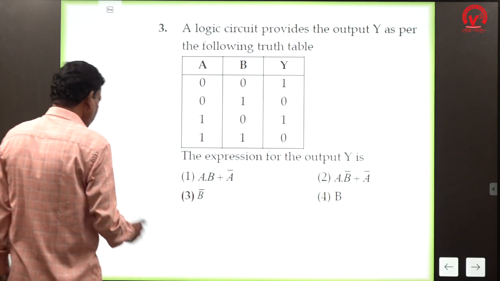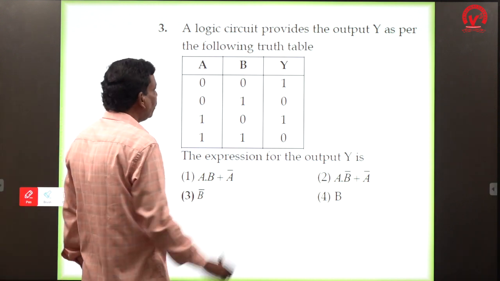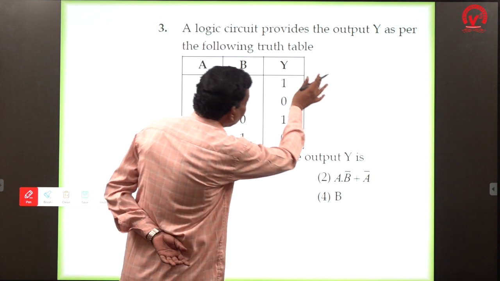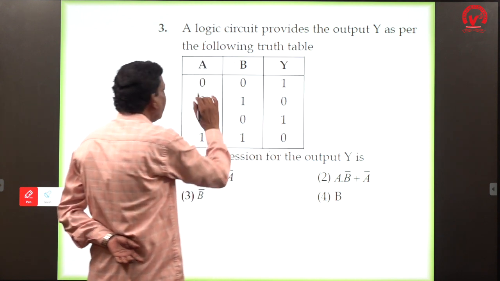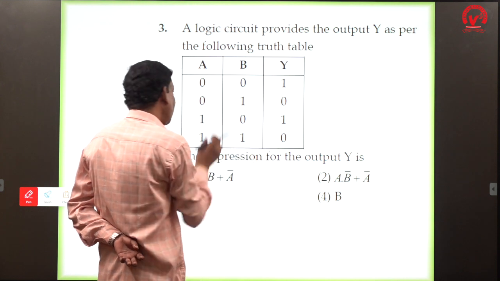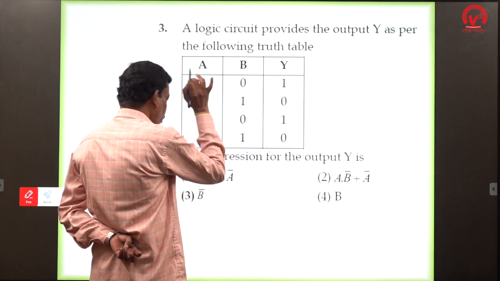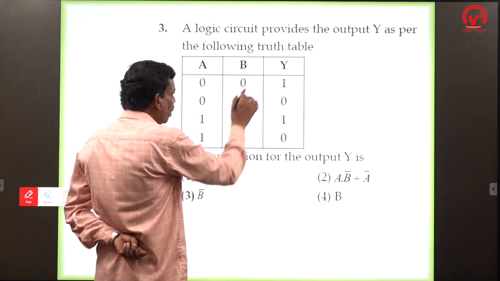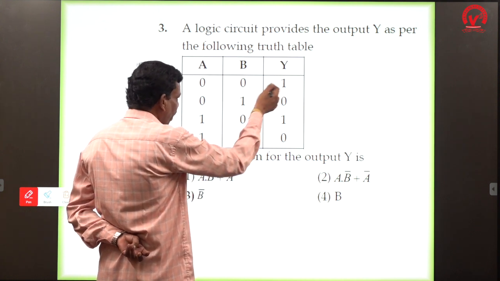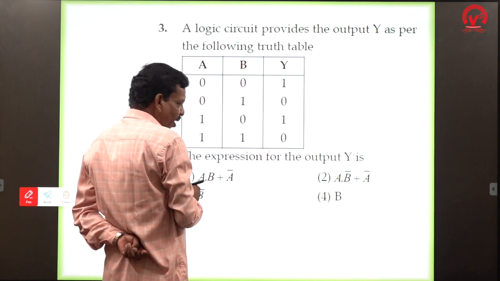Next, third question. It is very simple. They are given the output Y. Here A, B, Y. Say A into B. First A into B: 0 into 0, 0 plus A bar, 1 we get. Here 0 into 1, so it does not match.